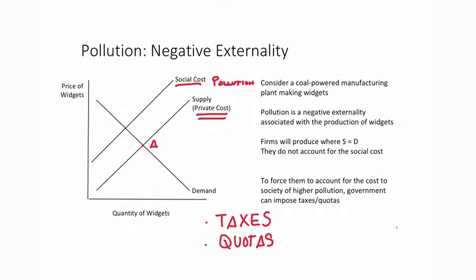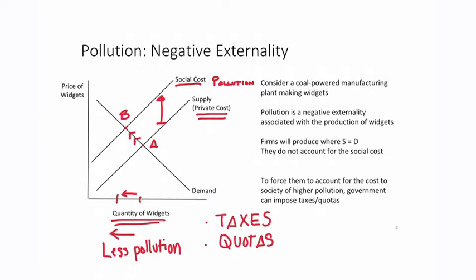Either of these types of government policies are going to force the social cost to be taken into account by the firm so that their costs are rising, and the outcome should be that they move to a new equilibrium B that takes into account both the private and social costs. The result is that the firm ends up producing fewer widgets. With fewer widgets produced, that's going to tell us that we have less pollution, all else equal.